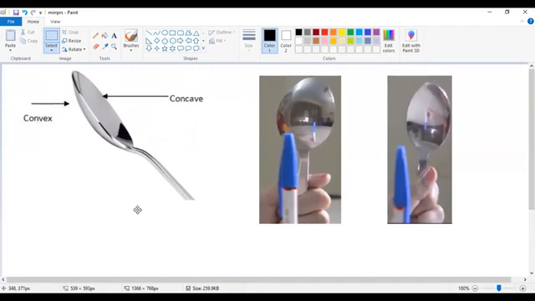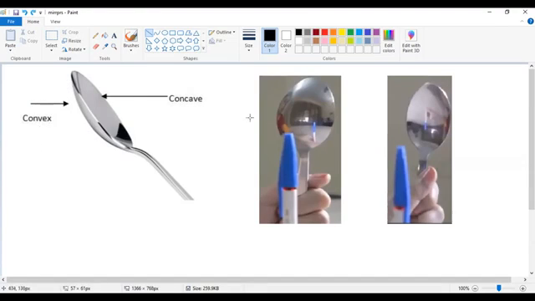If you see a spoon, the inner surface of the spoon, where you put vegetables to eat, acts as a concave surface, while the outside surface of the spoon acts as a convex surface.